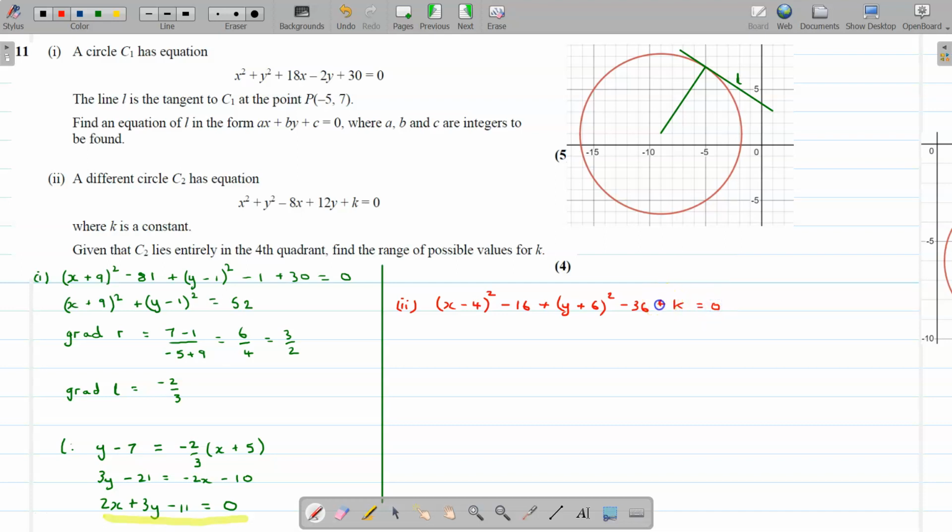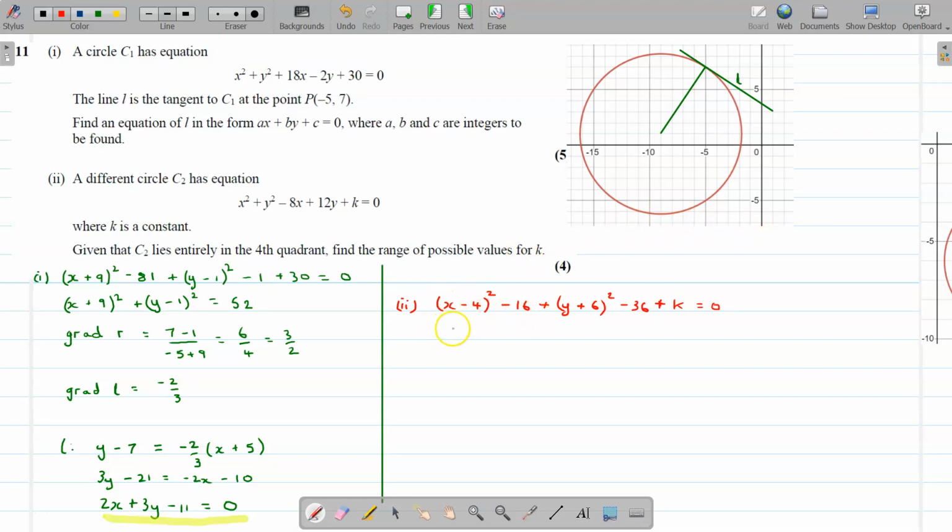Now what we've got to do is, given that the circle sits entirely in the fourth quadrant, that means it can't cross any of the axes, basically. And we know where the center is from this.